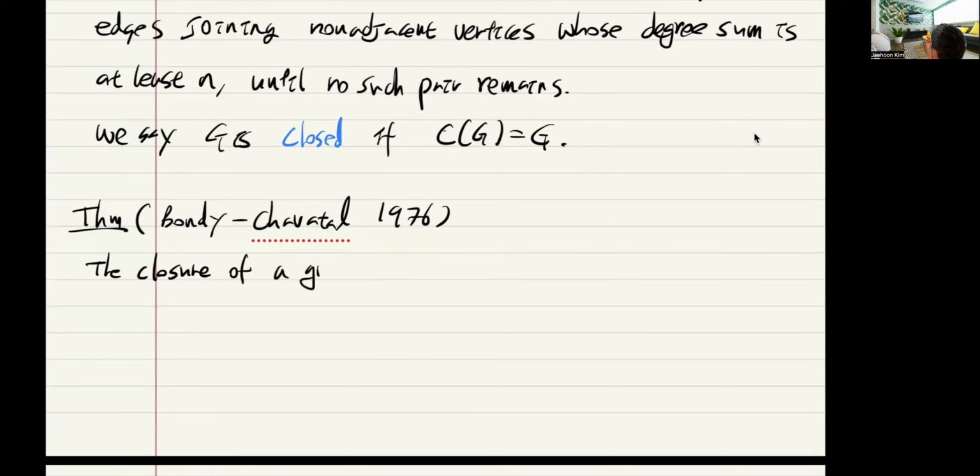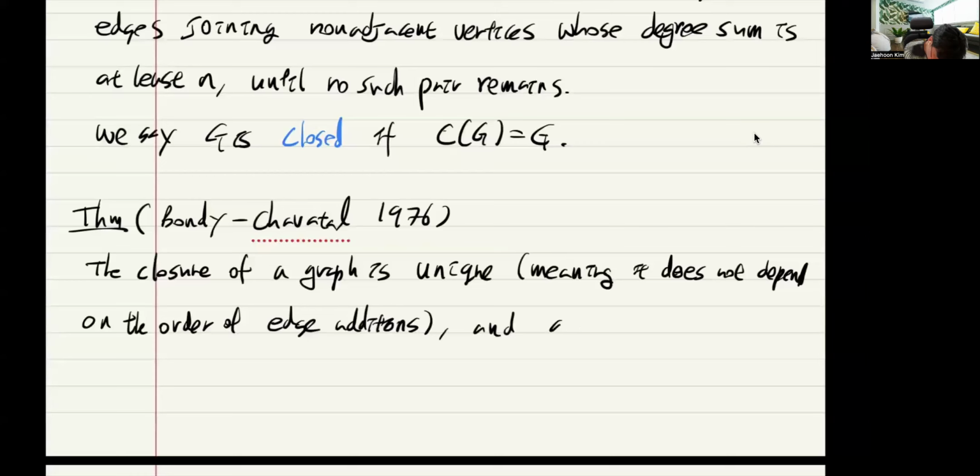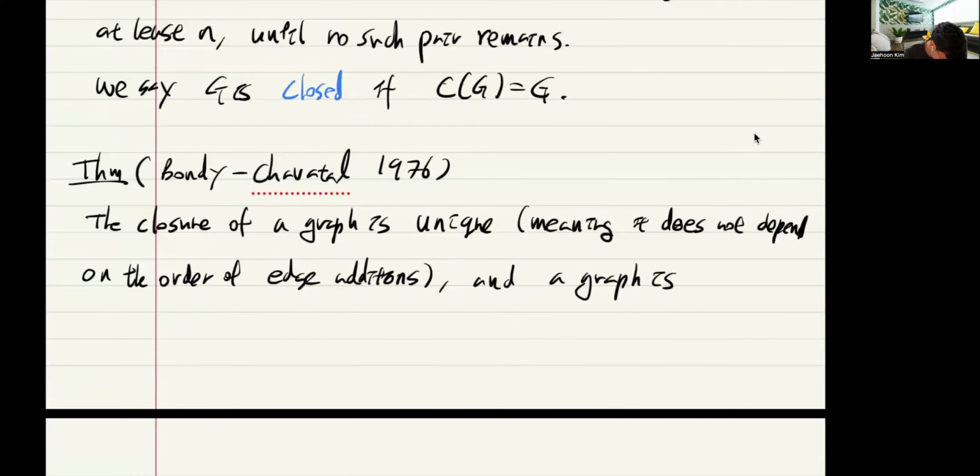The closure of a graph is unique, meaning that it does not depend on the order of edge addition. And a graph is Hamiltonian if and only if its closure is Hamiltonian.